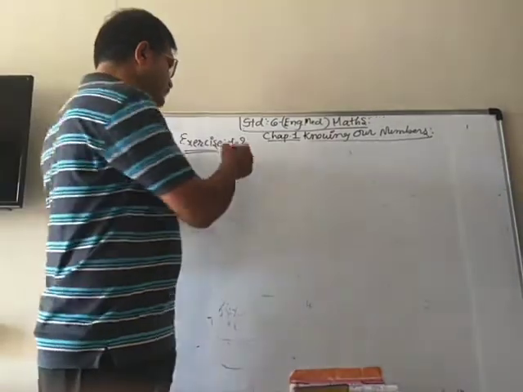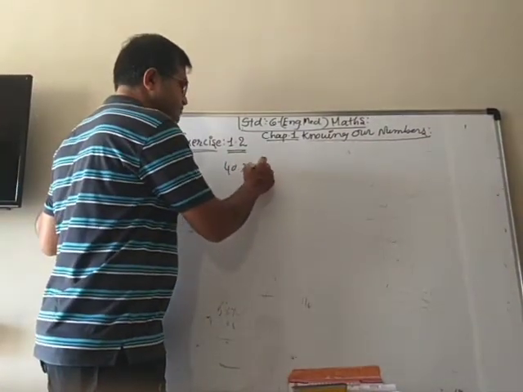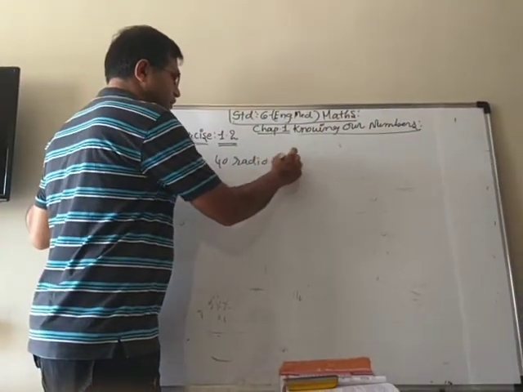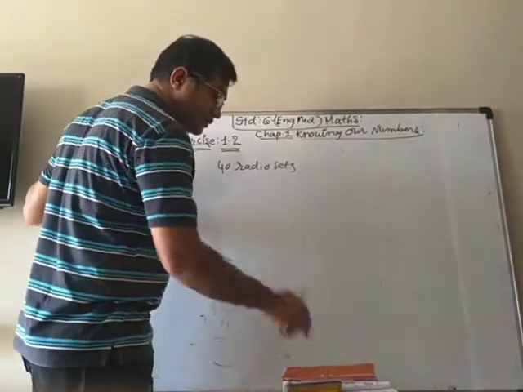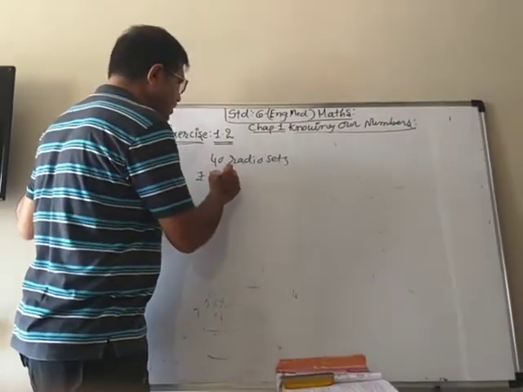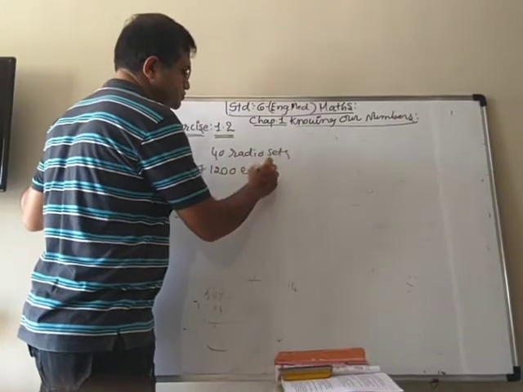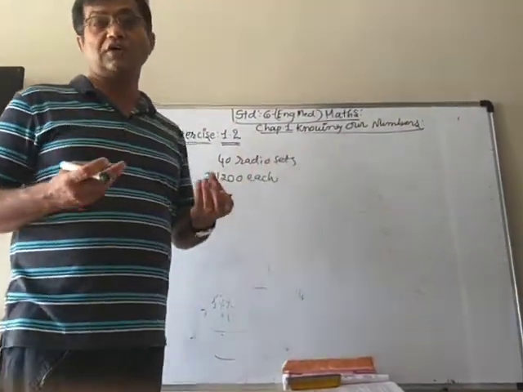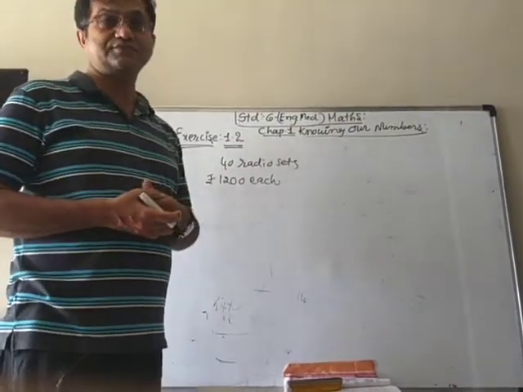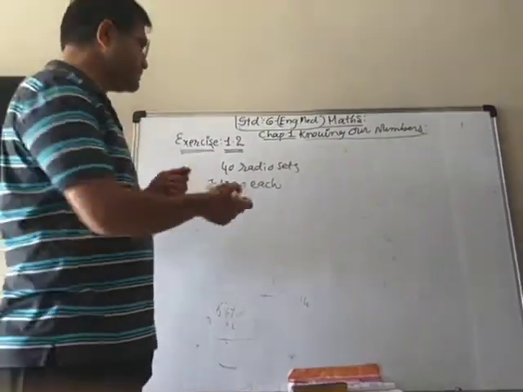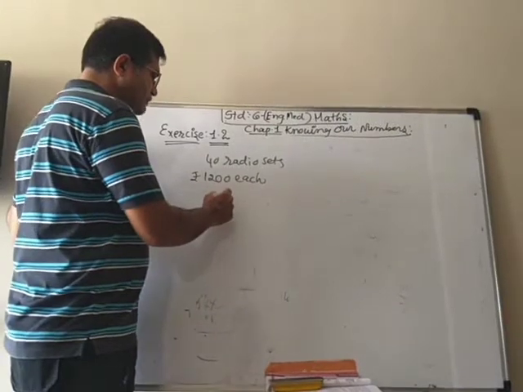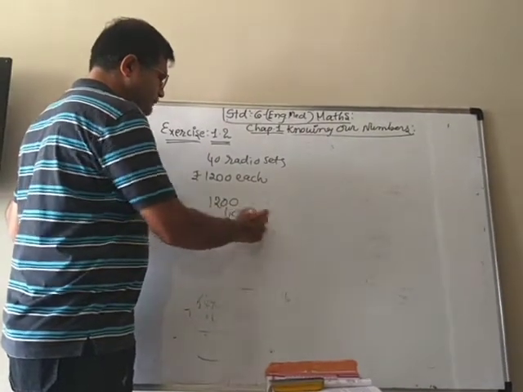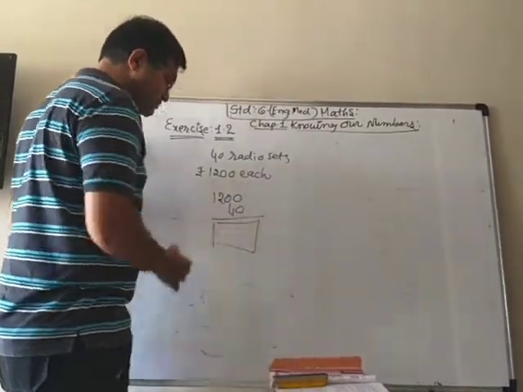So here 40 radio sets, and the price is rupees 1,200 each. So what was the total amount for purchasing radios? Obviously it must be multiplied. So we have to multiply 1,200 by 40, then you will get the answer.